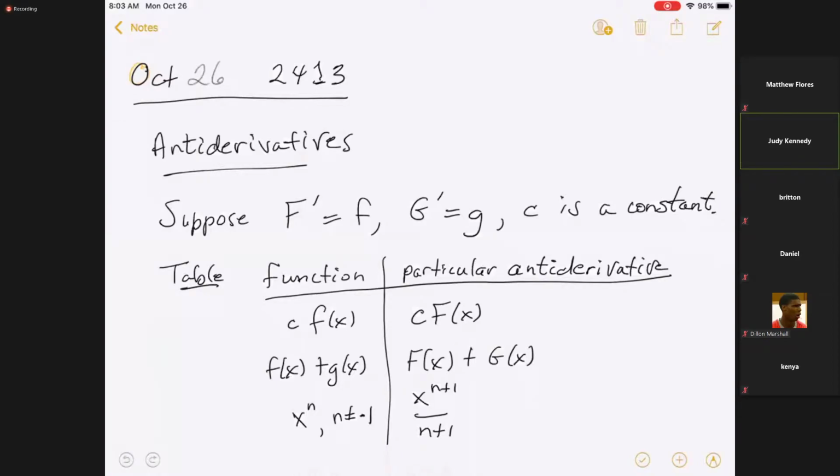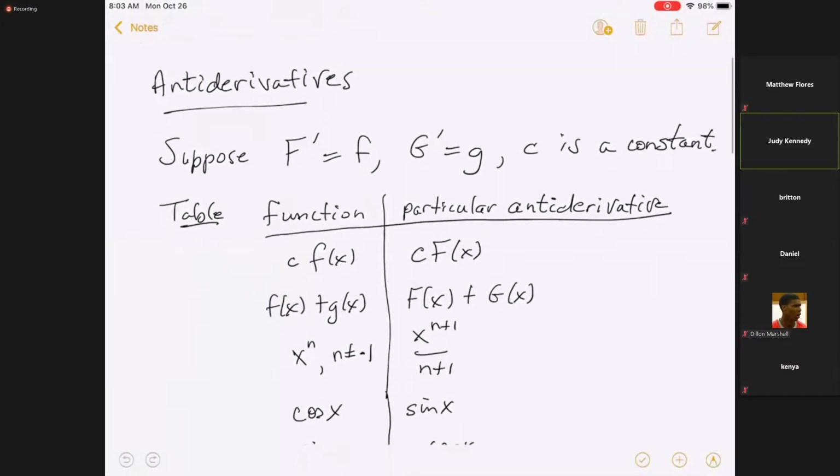So thinking backwards. Okay, suppose you have four functions, capital F, little f, capital G, and little g, and capital F prime is little f, and capital G prime is little g, and c is a constant. Then because of the way the derivative rules work, if we go backwards with those, we get the following rules for antiderivatives.